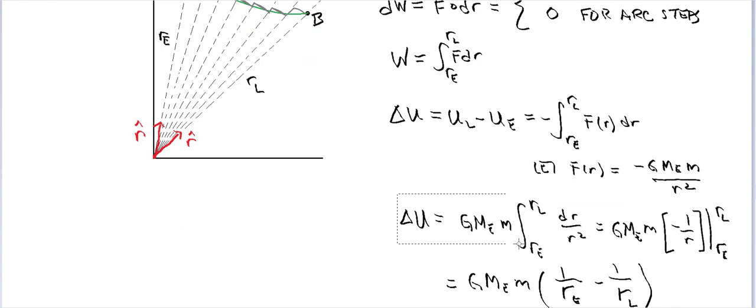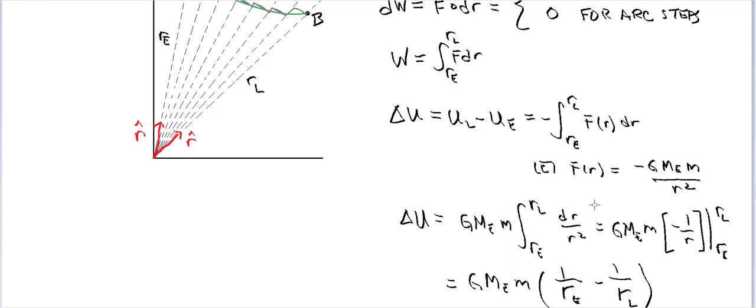And so plugging that in for F, you'll get that the change in potential energy, the minus sign cancels, is G M_E m times the integral from r_E to r_L, earlier radius to later radius, of dr over r squared.